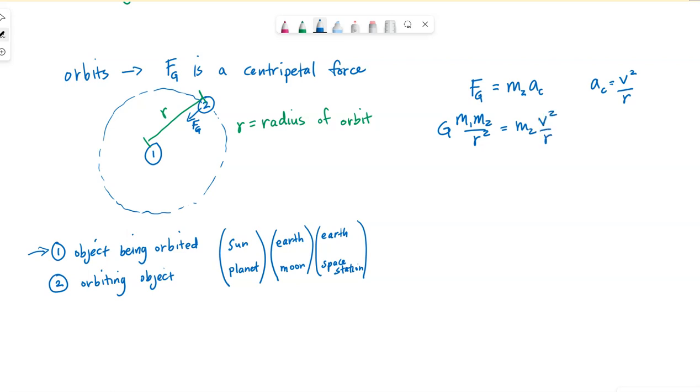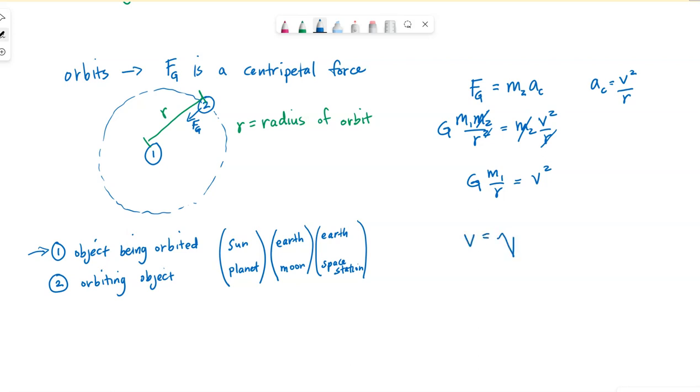Substituting in v squared over r, we find that m2 cancels. The mass of the object that is orbiting, the one that is going in the circle, cancels out. One of the r's also cancels, so right now I'm left with G m1 over r on the left side, equaling v squared.